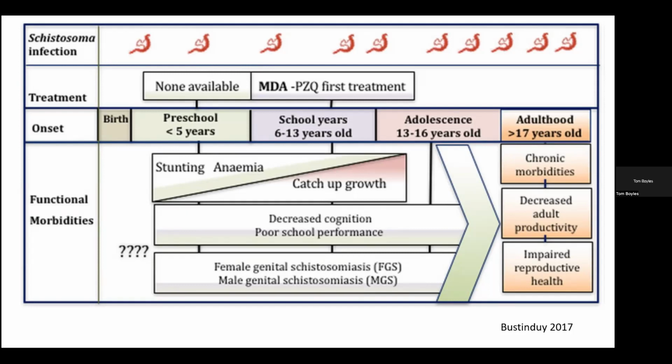Also, there's the issue of both male and female genital schistosomiasis, which I'll come to in the next slide. If children make it through to adulthood despite these problems, or become infected later in life, then the more chronic comorbidities are things that we learn more about, certainly in adult infectious diseases.